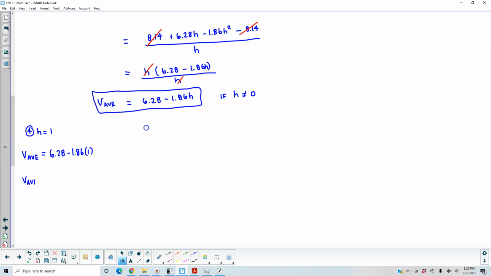So therefore, the average velocity is going to be 4.42 meters per second.